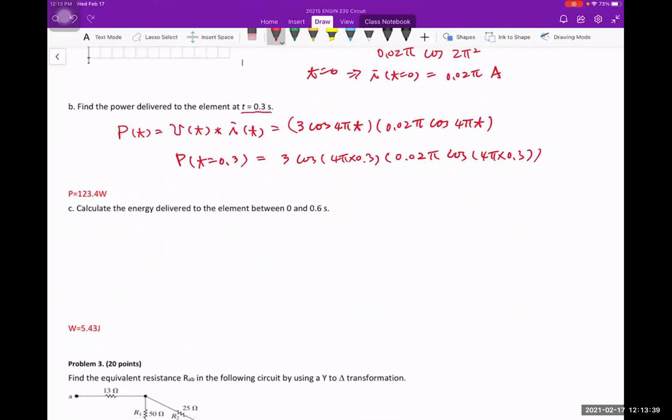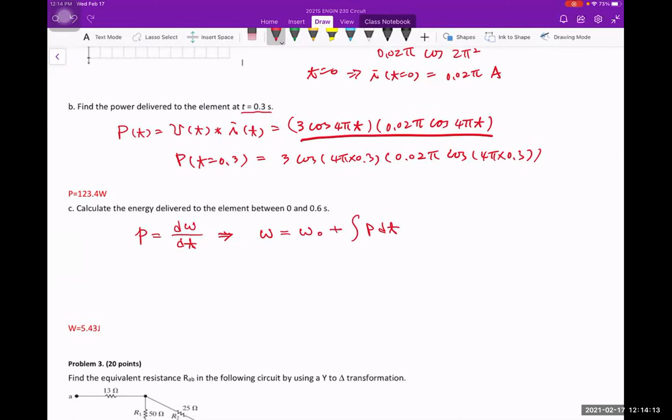Now, the last thing here you have to do is to find the energy. How do we find the energy? Well, we know the power is equal to dw/dt, where w is your energy. That means you have to do an integration. So if you integrate this equation, you get w equal to w0 plus the integration of the power dt. The power equation is this equation, and that's where you're going to use the integration table.